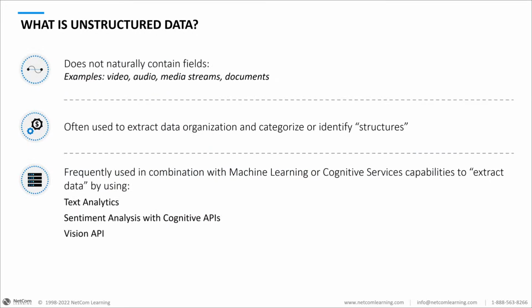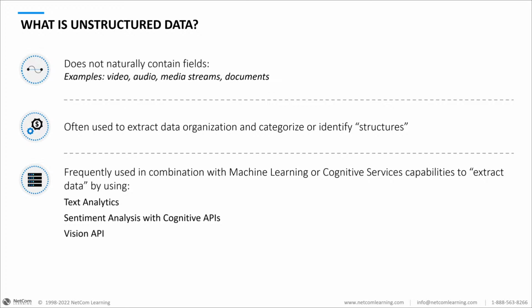So unstructured data, again, non-relational data, tends to be non-structured. Unstructured data does not naturally contain fields, so it doesn't have a column and a row and that sort of stuff. Things that would not necessarily contain fields would be things like videos, audio, media streams, documents, those sorts of things, right?